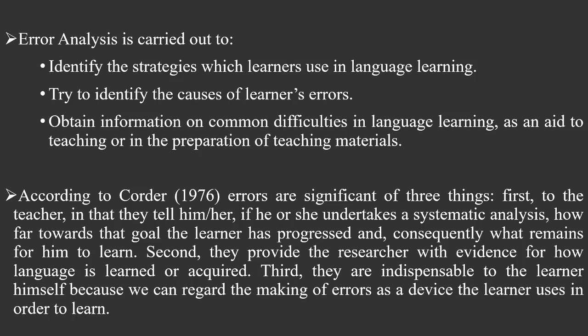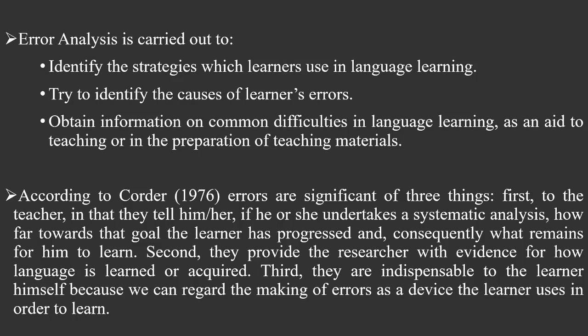According to Corder 1976, errors are significant for three things. First, to the teacher, in that they tell him or her, if he or she undertakes a systematic analysis, how far towards that goal the learner has progressed, and consequently, what remains for him to learn.